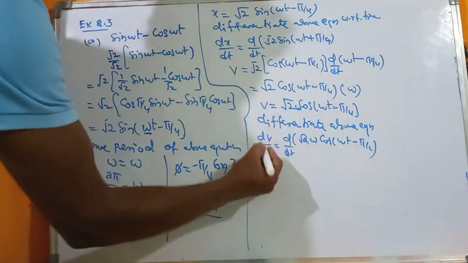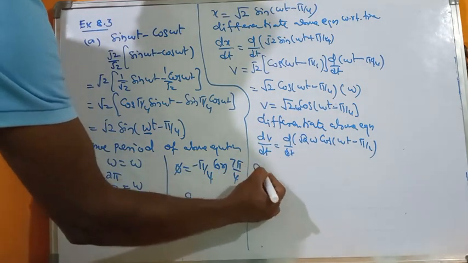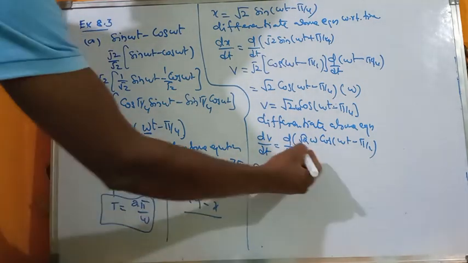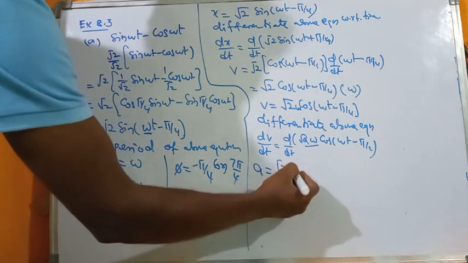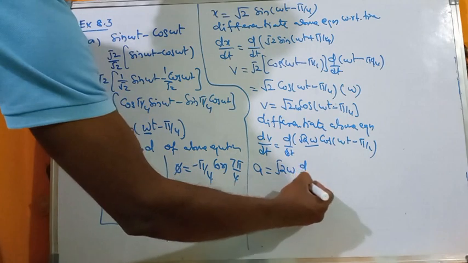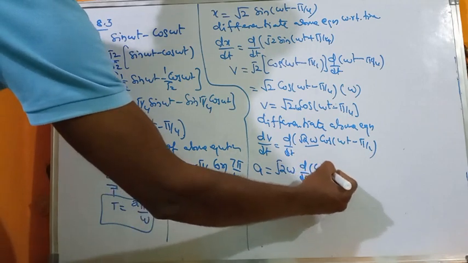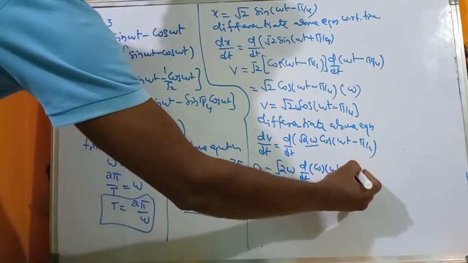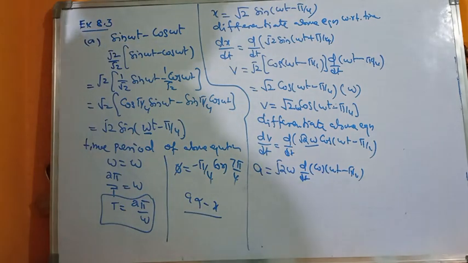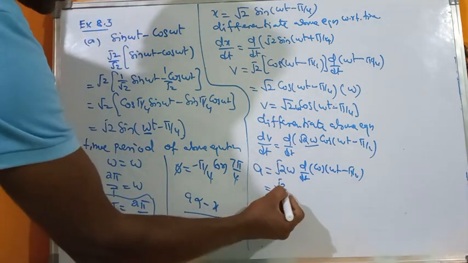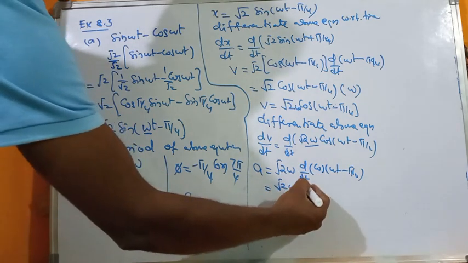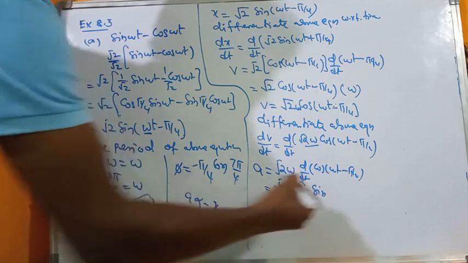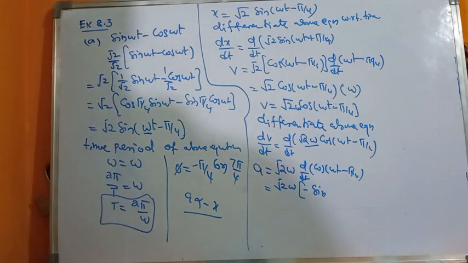Root 2 and omega are both constants, so they go outside, and d by dt of cos is minus sine.